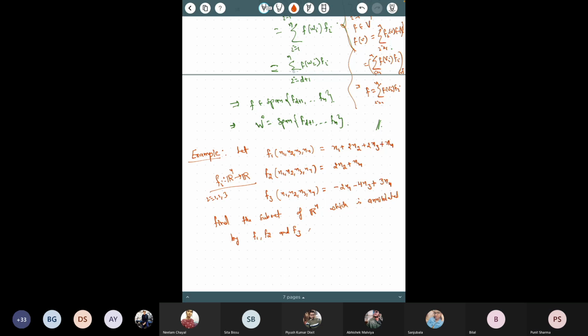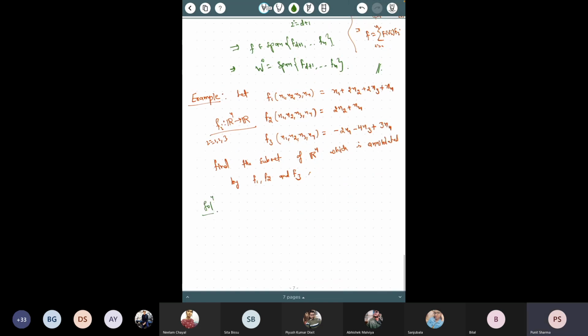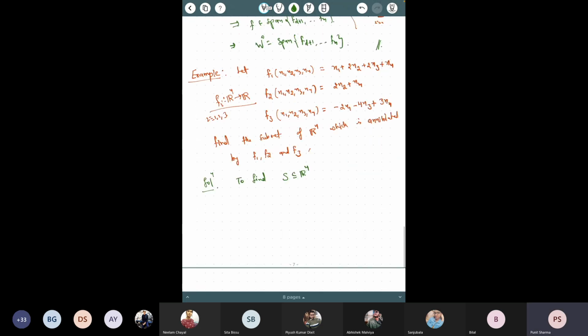Let us understand what we have to do first. We have to find a subset S of R4 such that this S is annihilated by F1, F2, F3.